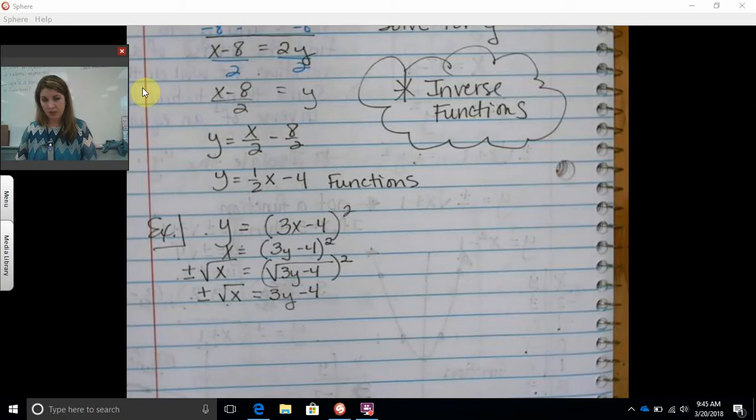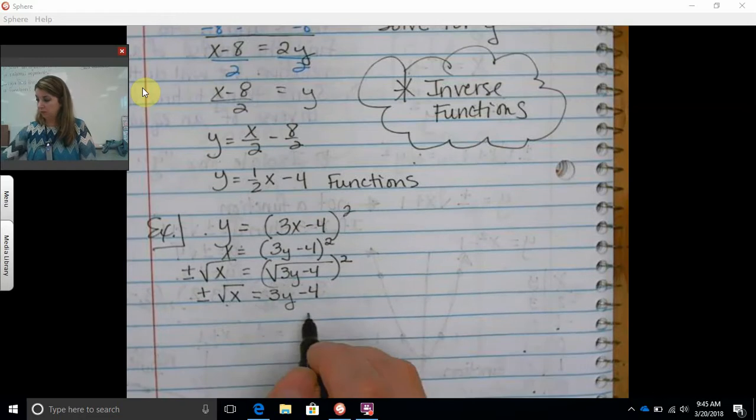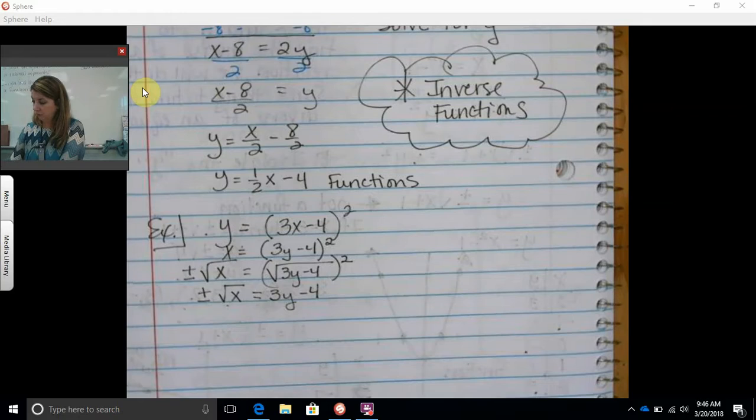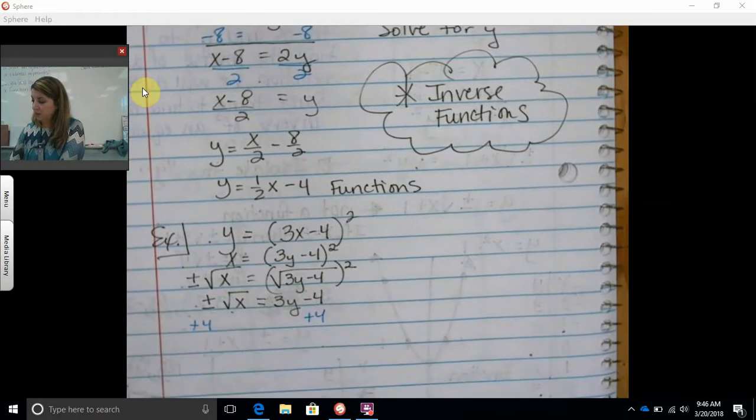What do you think I'm going to do now to solve for y? Add 4. Can I add 4 to the x that's under the radical? No, because it's not the square root of 4. It's just 4. So it's 4 plus or minus the square root of x.